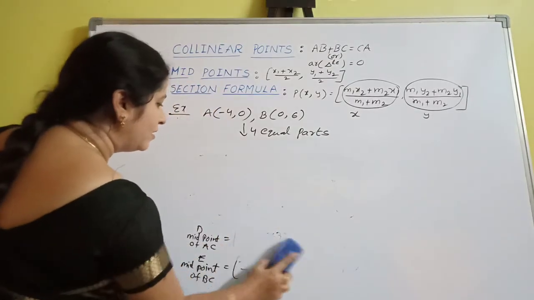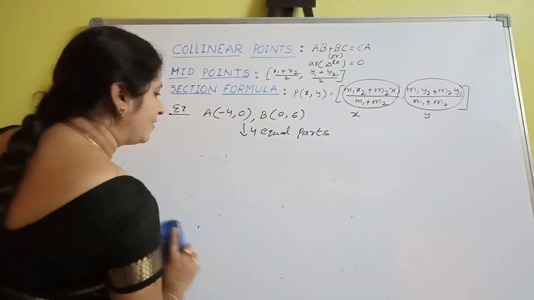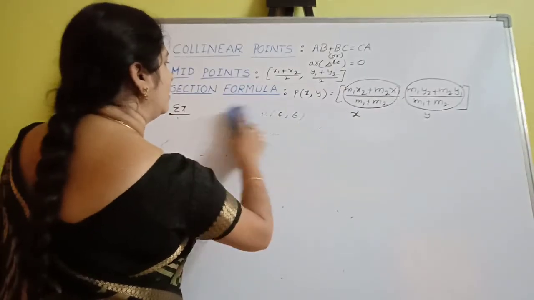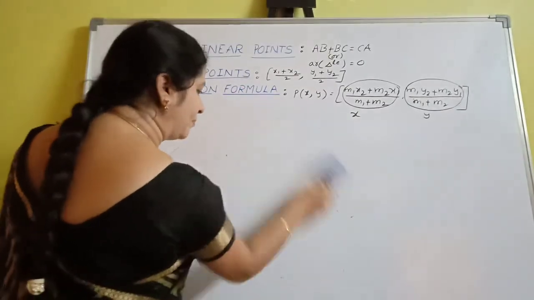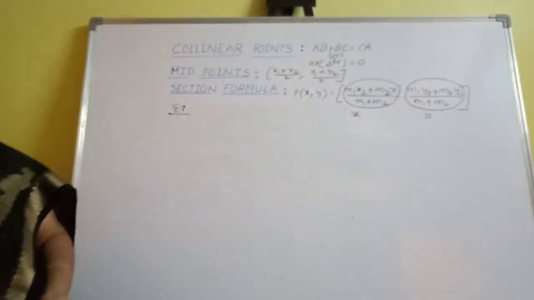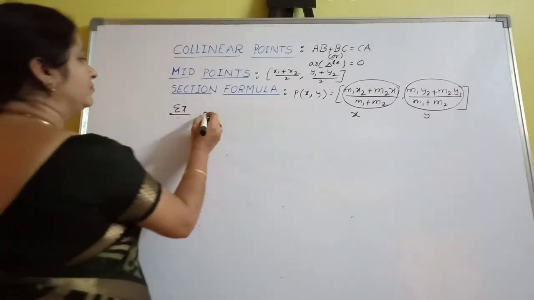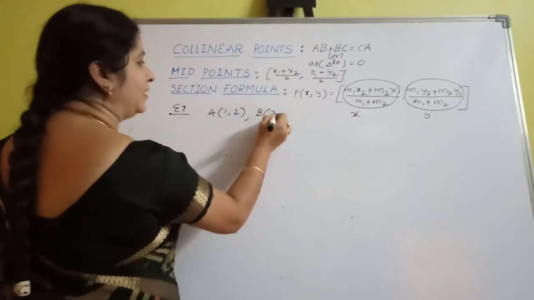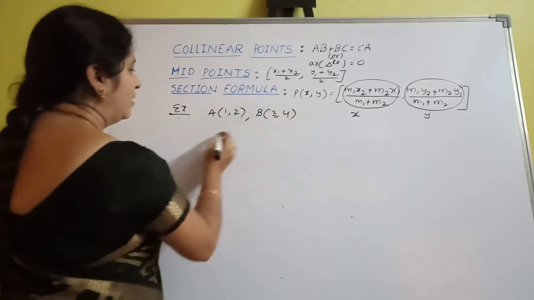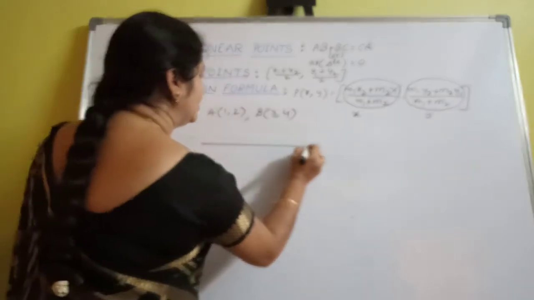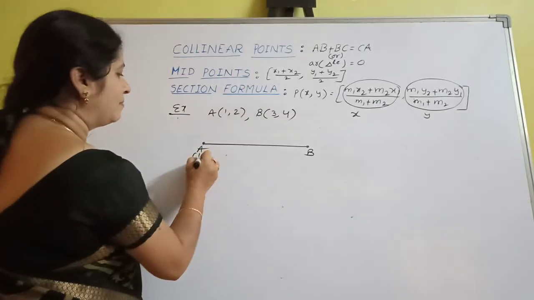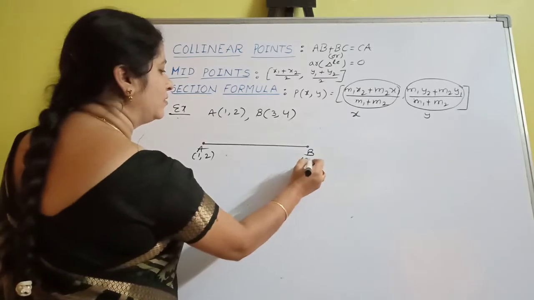Find the point dividing the line joining the points A(1, 2) and B(3, 4).